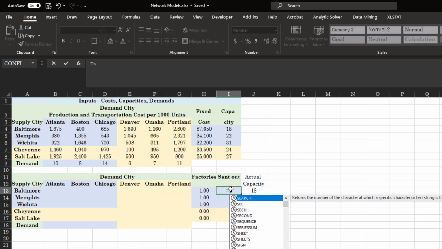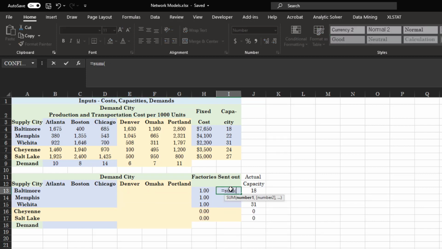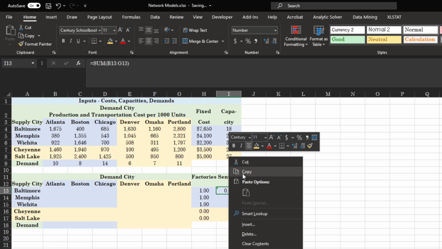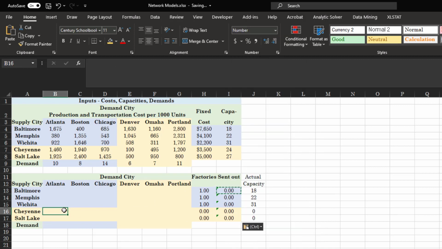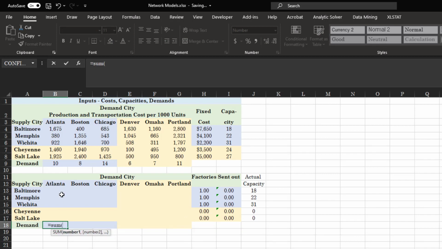Now, this would be the sum of all these values, right? And we know everything in yellow here and here has to be constrained to be 0. Also, this is the sum of this.